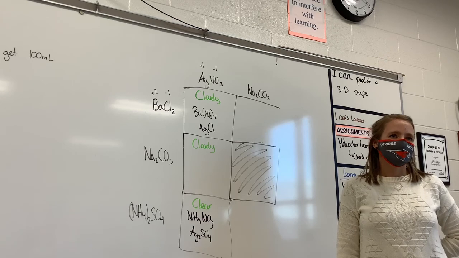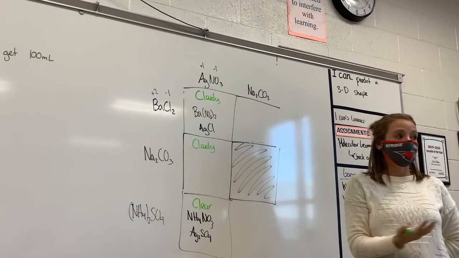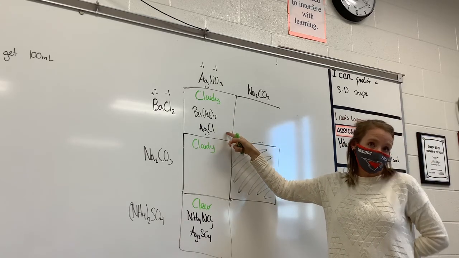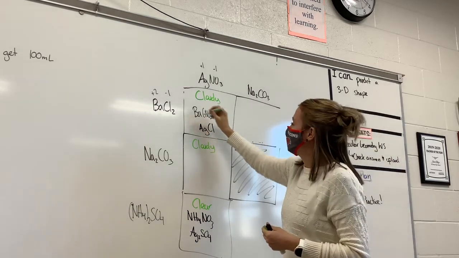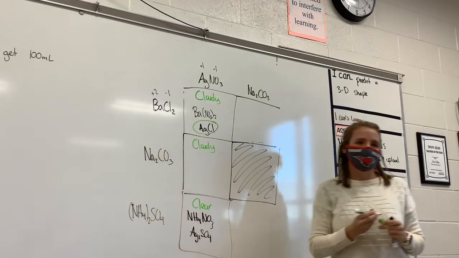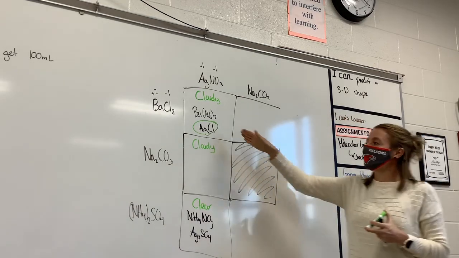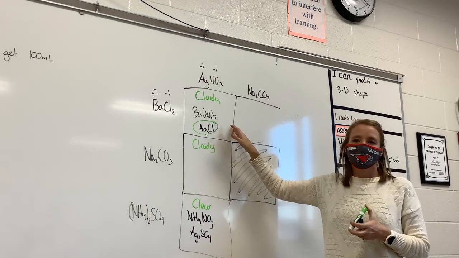You could compare the other ones to each other. Very good. Compare your list. If one of these shows up in the soluble list, and by default this one does, I know that this is my precipitant. Once you identify the precipitant, I do want you to circle it or highlight it on your data chart.